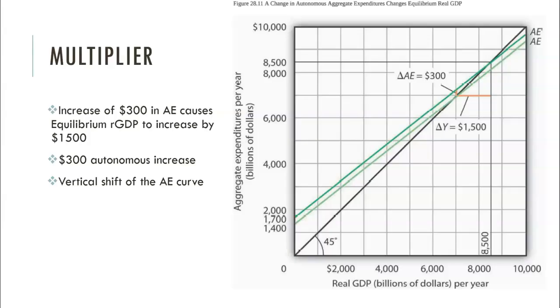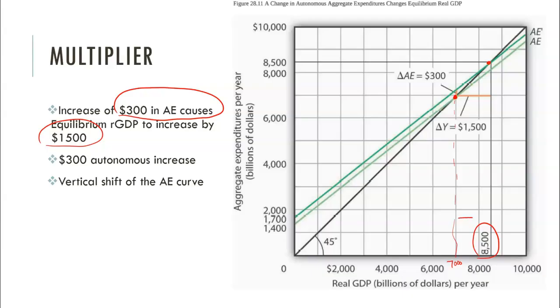Now, because of our multiplier effect, this $300 change in spending leads to a much greater change in our equilibrium real GDP. Where our original curve hit that 45-degree line, we get $7,000. And where our new shifted-up aggregate expenditures line hits that 45-degree line is now $8,500.